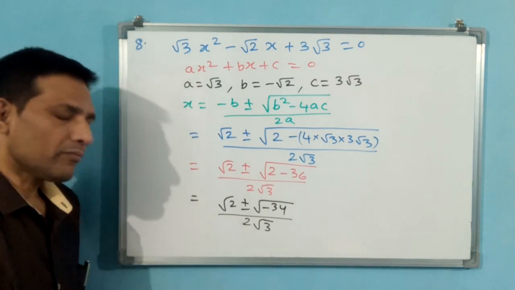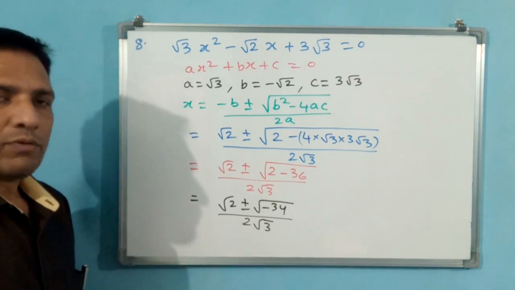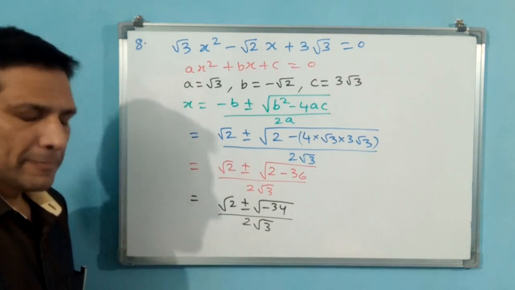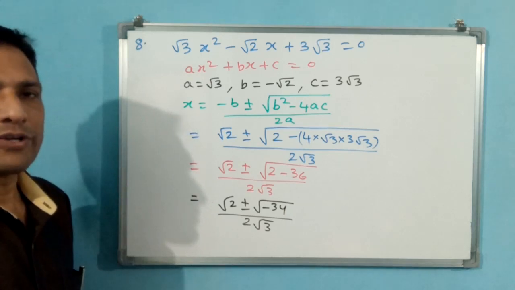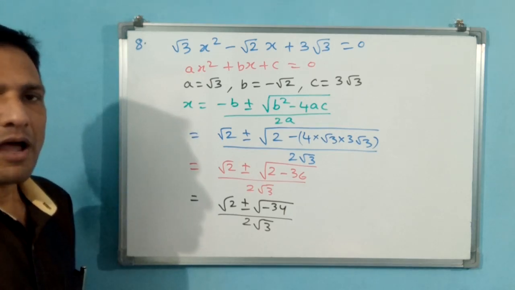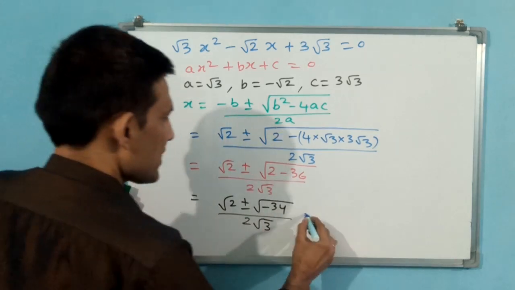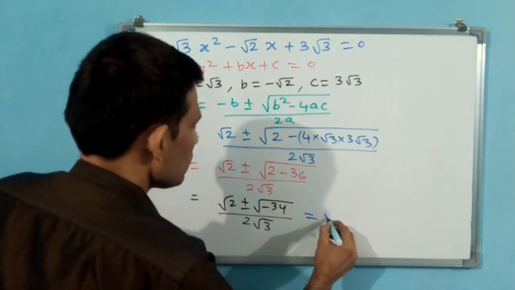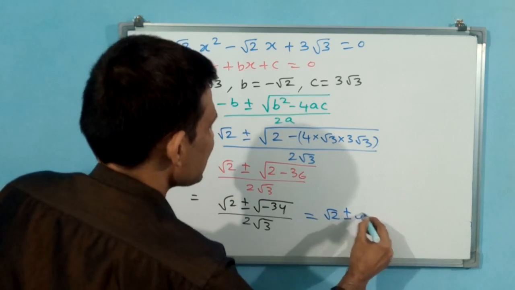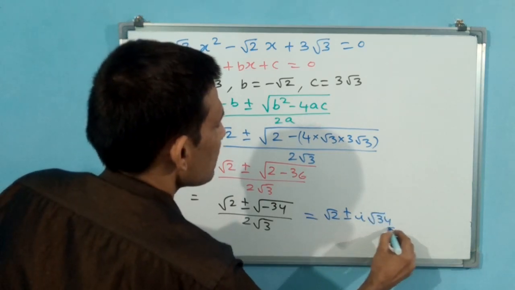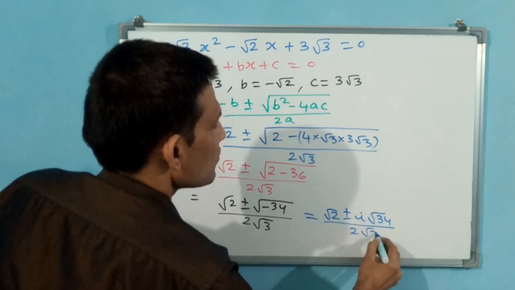Okay. Minus 34 means how can you write? I root 34. Right? But outside you see this is minus root 2. Root 2 plus or minus I root 34 by 2 root 3.